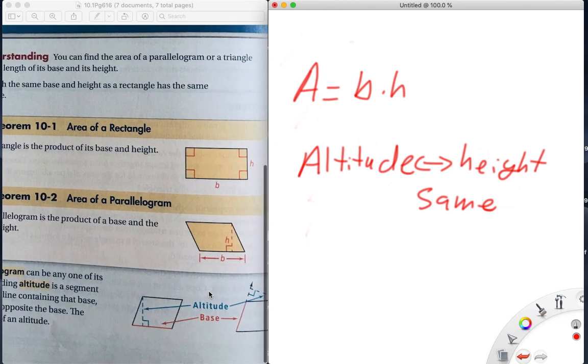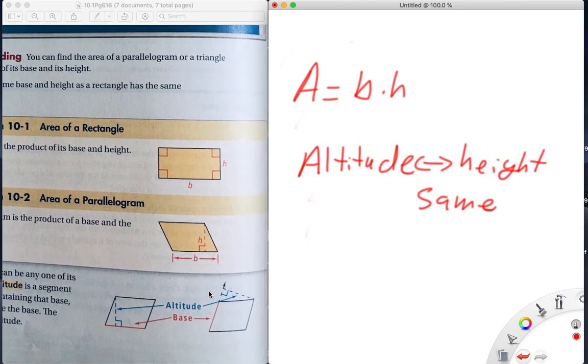So these two parallelograms are the same. And if you notice, when the parallelogram is on this side, this altitude forms a 90-degree angle with that base. So this is the height for this base. If we look on the side of the parallelogram, we have this other 90-degree intersection with this side.